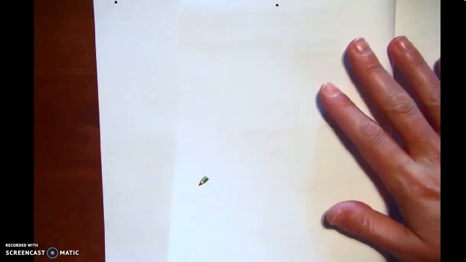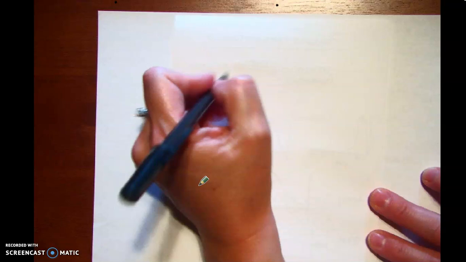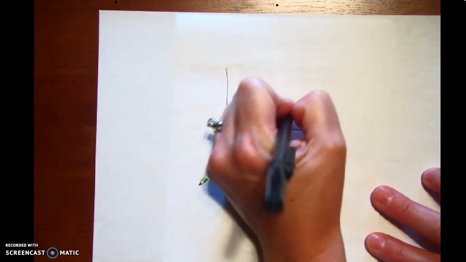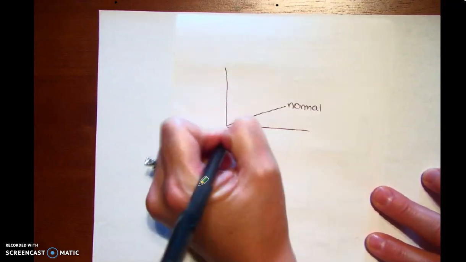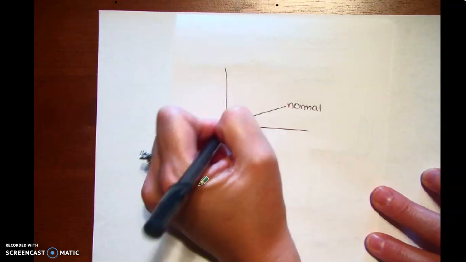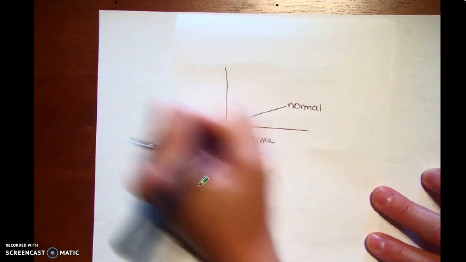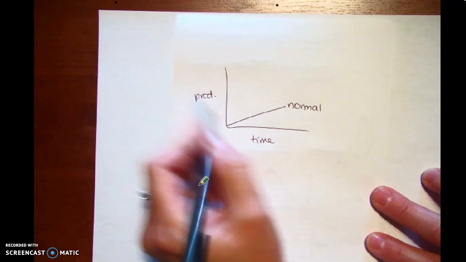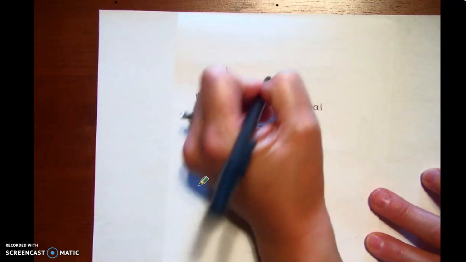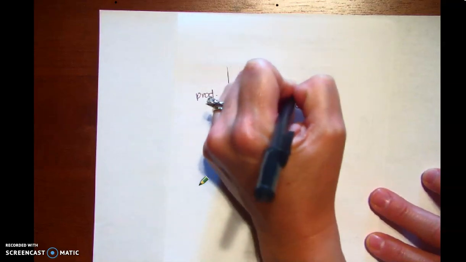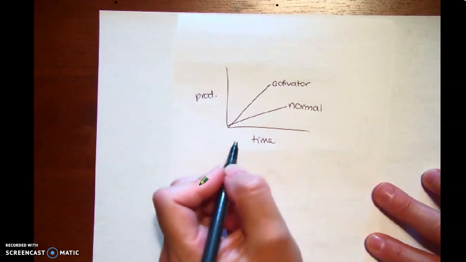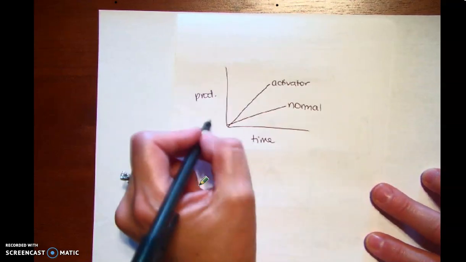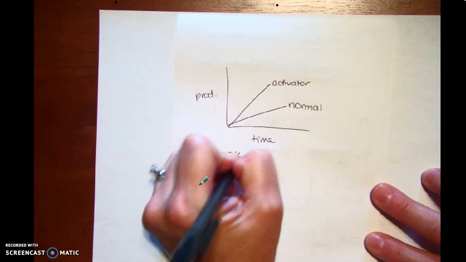The only other ones I can think of to talk about, and we talked about this in another video, is when you have your normal enzyme, it might be at this rate. This is time versus product formed. But when you add an activator, it's going to happen faster. It could look the same for a coenzyme.